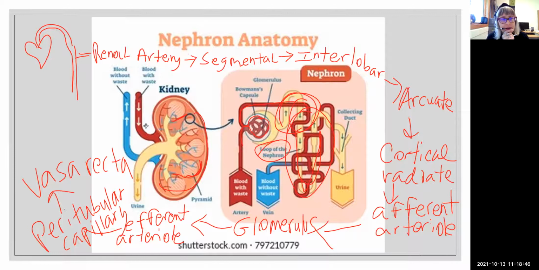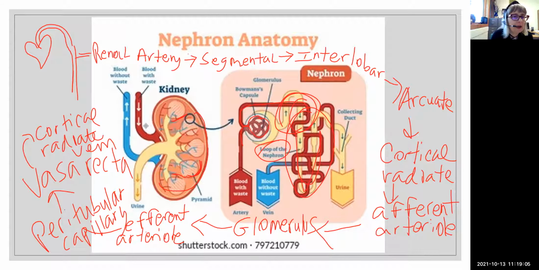And then it does the reverse, meaning it's going into the corticoradiate vein. And from the corticoradiate vein, the blood without the waste is going to go into the arcuate vein.